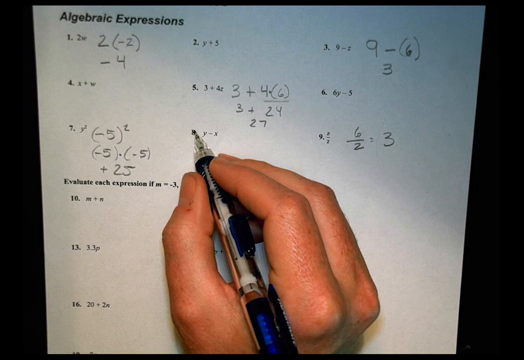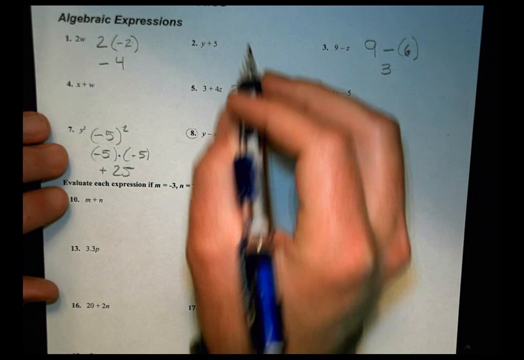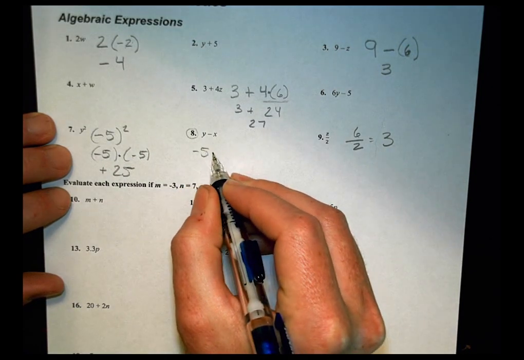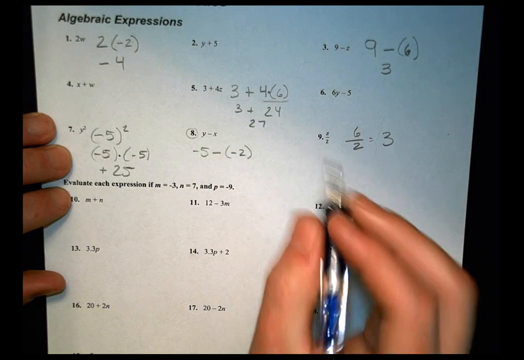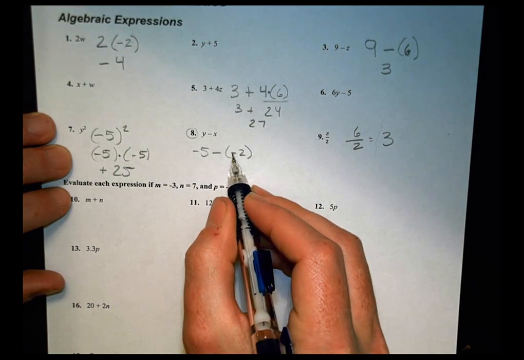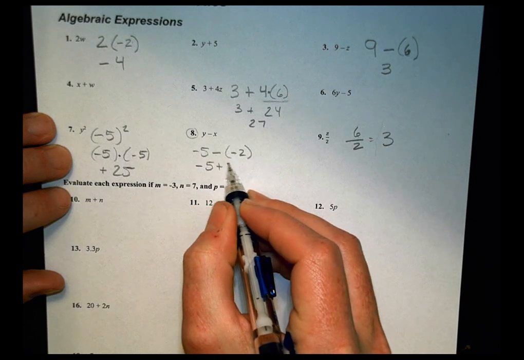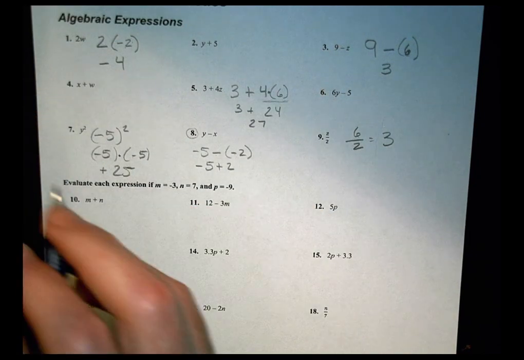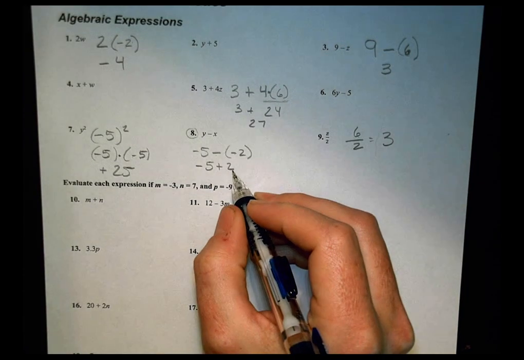I do want to look real quick at number 8 while we're here, just because it's different. It has 2 of them. 8's a bonus one here for you. So y was -5. And then we subtract whatever x was, and x is a -2. So just recall that when you subtract a negative number, that means we're going to turn that into adding 2. Now in this case, we have a negative and a positive.